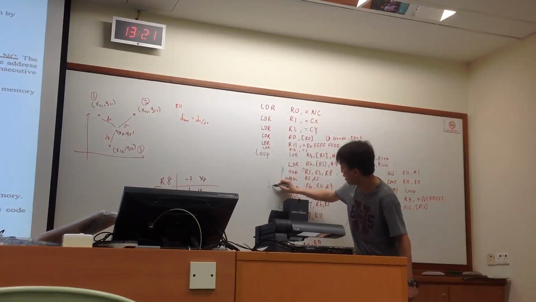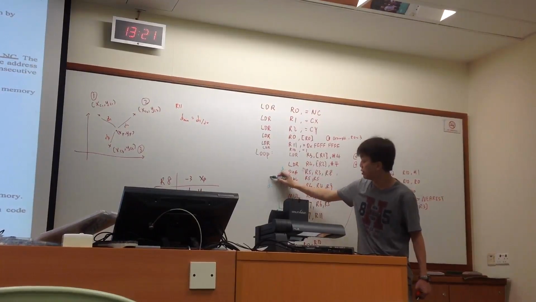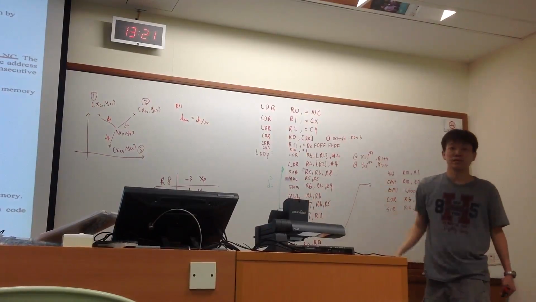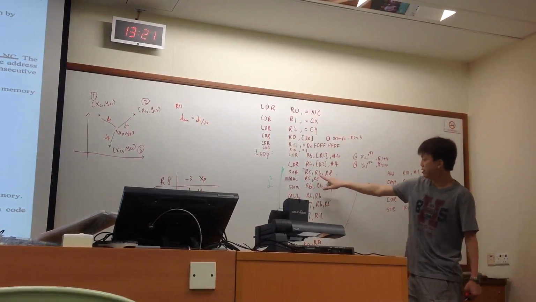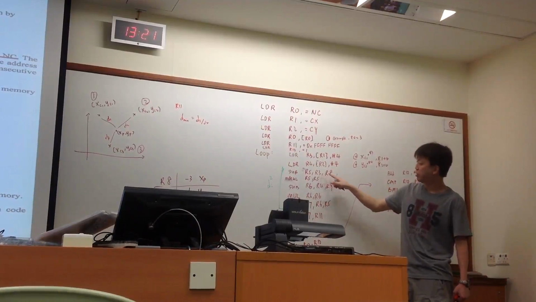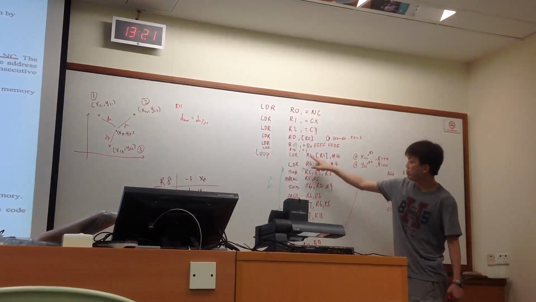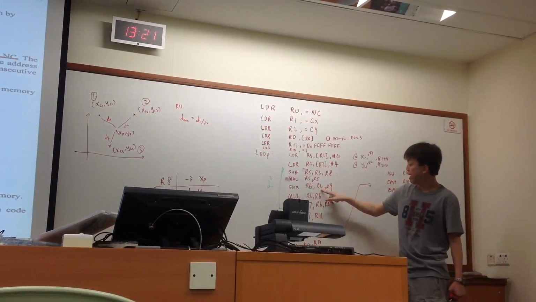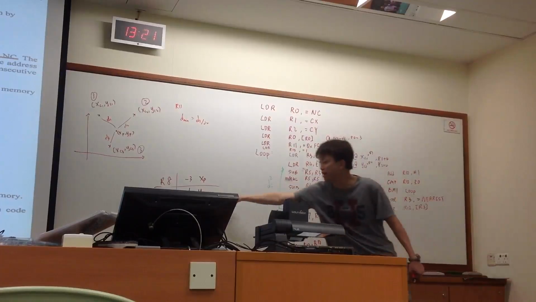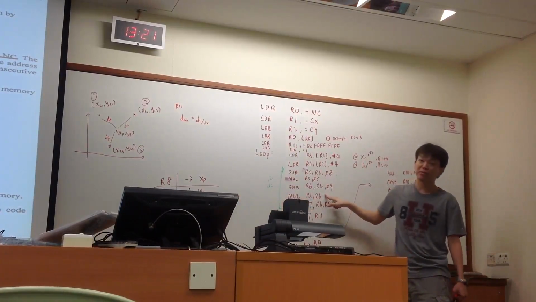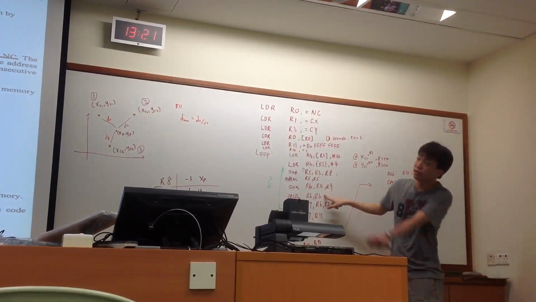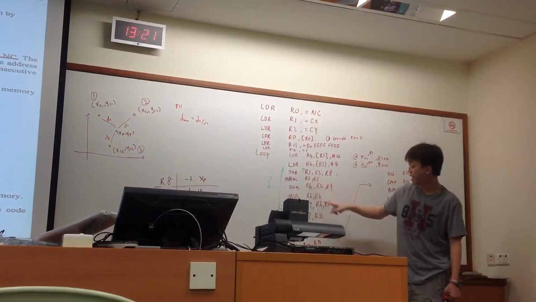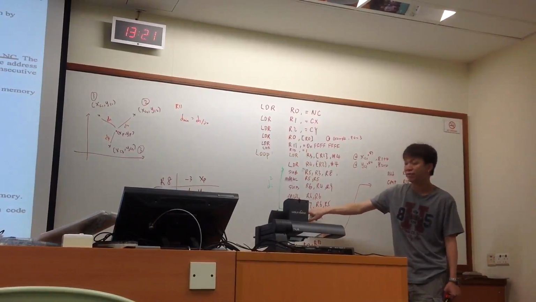You subtract and multiply, that's the distance. R3 minus R8, then multiply, square it. R4 minus R9, then multiply, square it. So it's the square distance. Then you sum it up, R6 and R5, and put it in R7.